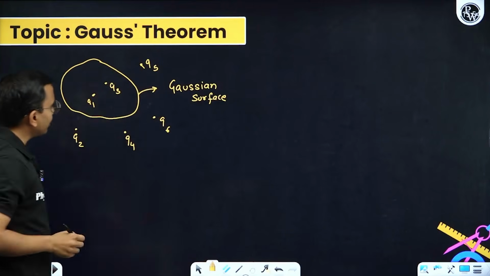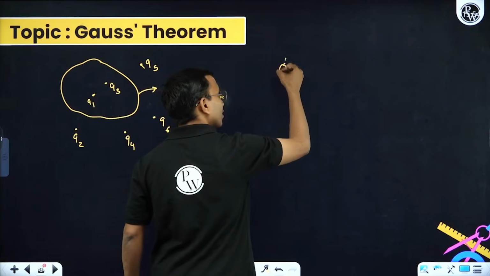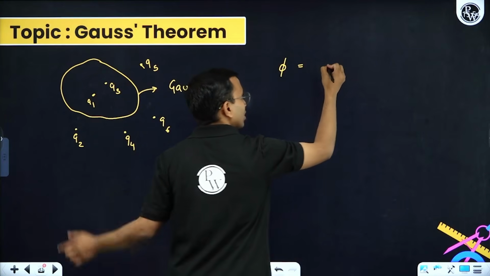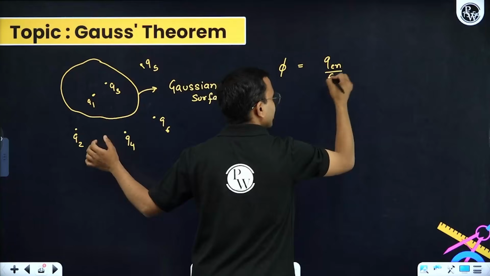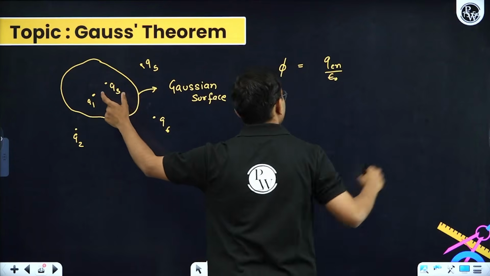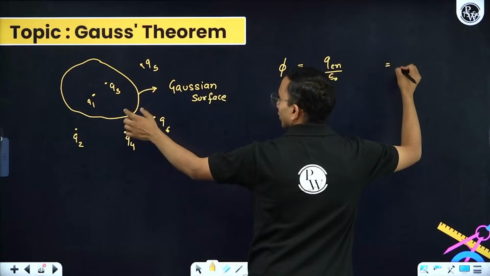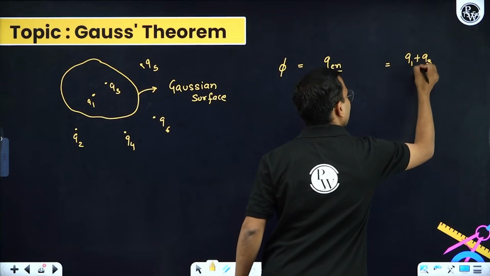So the Gauss law states that the total flux through this Gaussian surface is equal to the charge enclosed divided by epsilon naught. What is the charge enclosed in this particular case? Here we have Q1 and Q3, so I will say Q1 plus Q3 by epsilon naught.